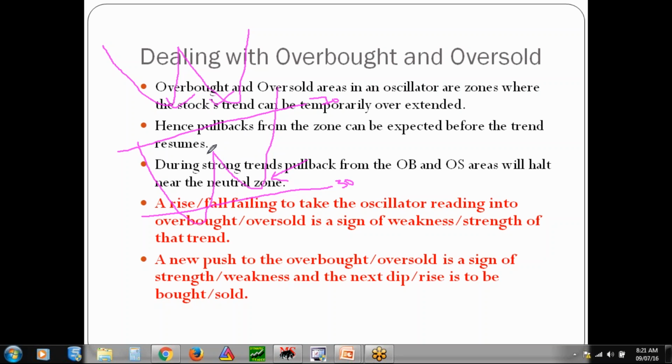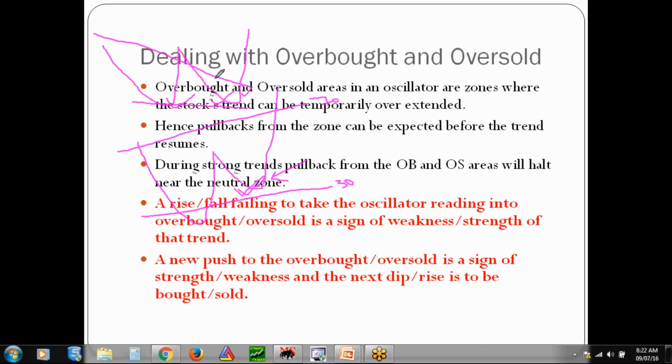This is a sign of weakness for the ongoing downtrend. The downtrend may be in some sort of danger, as this push has failed to take the oscillator into the oversold zone.